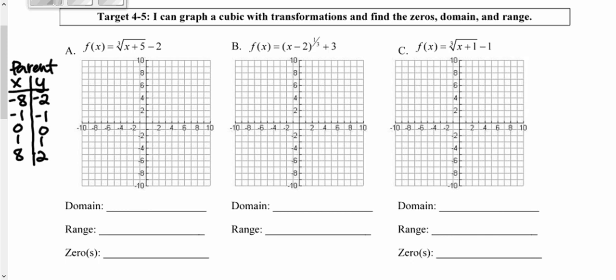Starting with A, I'm going to look at what our transformations are. So it looks like x is going to be going to the left 5, and y is going to be going down 2. Remember to always do the opposite for your x values. So I'm going to subtract 5 from each of the x values, so that's -13, -6, -5, -4, and 3.